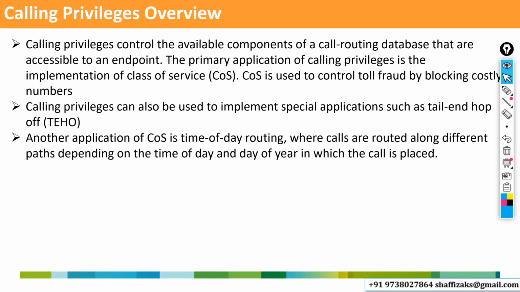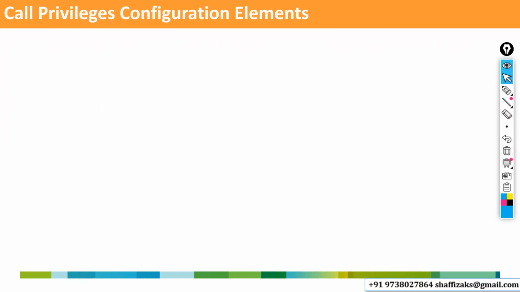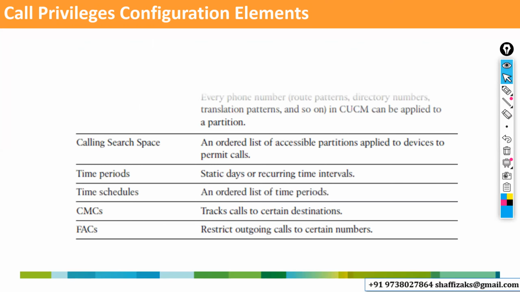So for this, we call it time of day routing. A single number has to be connected to two different regions, two different time zones. Okay, that's called time of day routing. Again, to achieve time of day routing, we require calling privileges. Got it? Next, we'll see the elements.